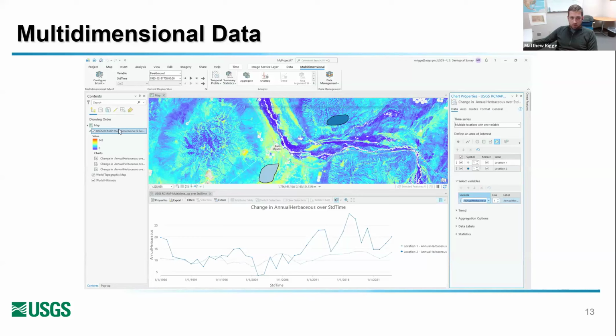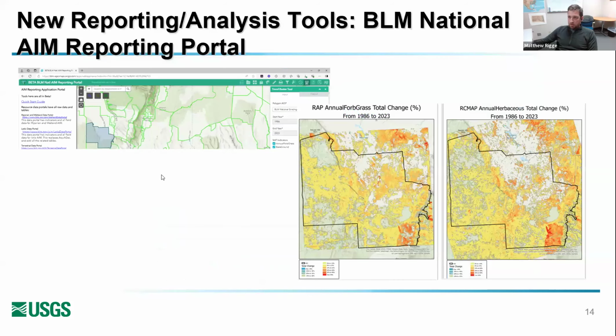All the components, all the years are baked into one layer. So BLM and us have really pushed this, and I think there'll be more coming out on this year. BLM has got a number of new reporting tools looking at plotting trends in allotments through time. It's really powerful tools here.